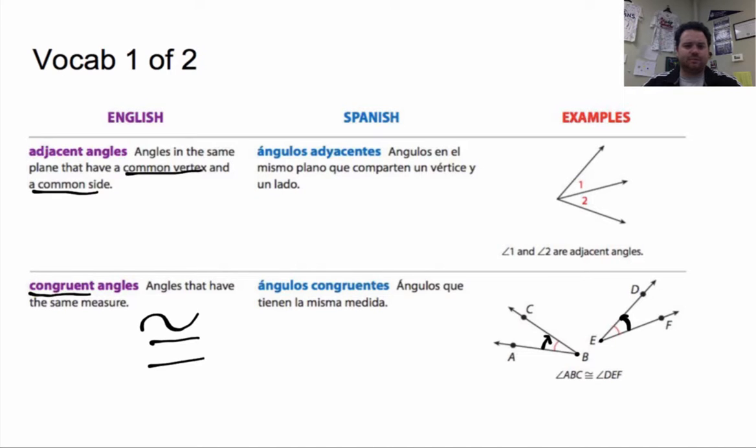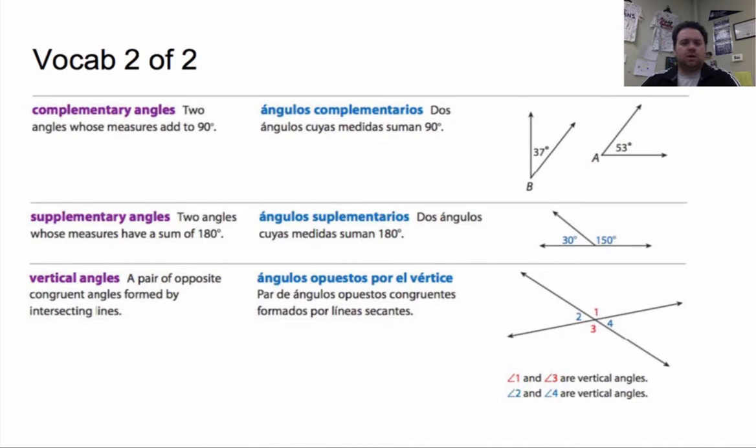Next vocab slide, we have a couple more words. Complementary and supplementary. These two are very similar ideas, and they get confused a lot because they are so similar. Complementary angles go together and add up to 90 degrees. So if I took angle B here and angle A here and I put them together, if I trace this one out and then I move it over here, you'll notice that that makes a 90-degree angle.